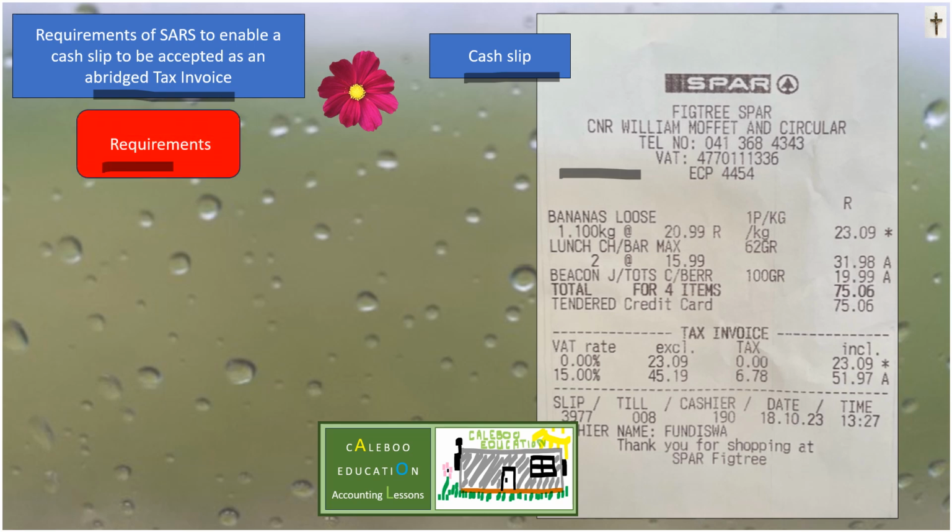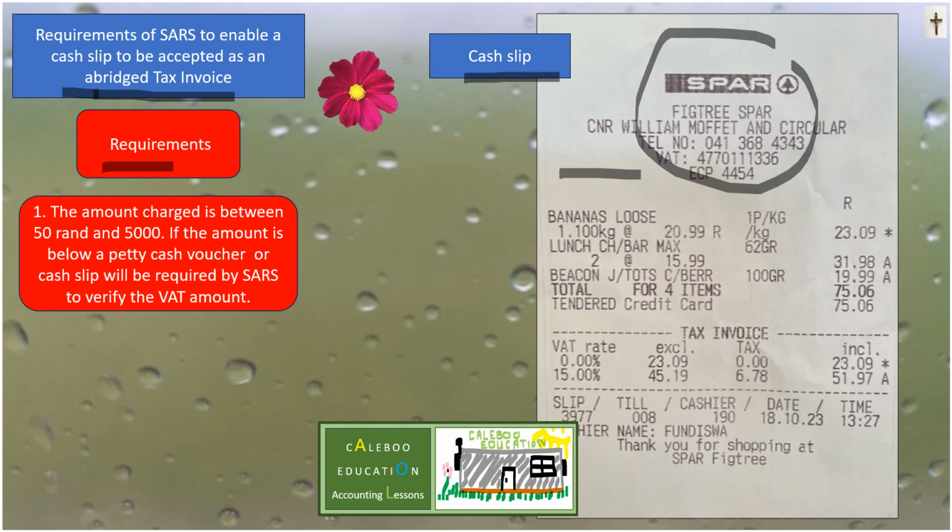Requirements for this cash slip from the SPA to be an abridged tax invoice: the amount charged is between 50 Rand and 5,000 Rand. The amount charged here is between 50 and 5,000.